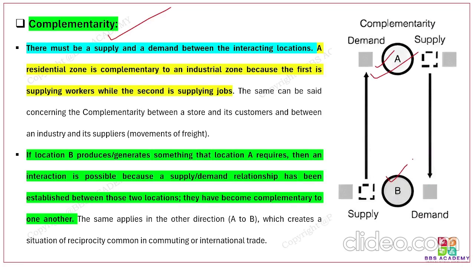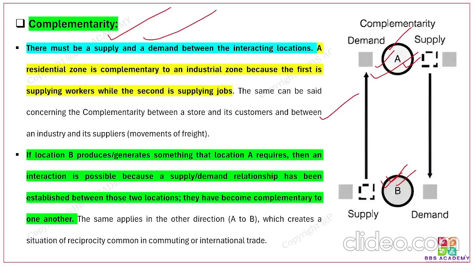If B is producing some product that is required by location A, and A is producing some product that is required by location B, then there must be an interaction or demand-supply relationship between these two locations. This relationship we call complementarity.